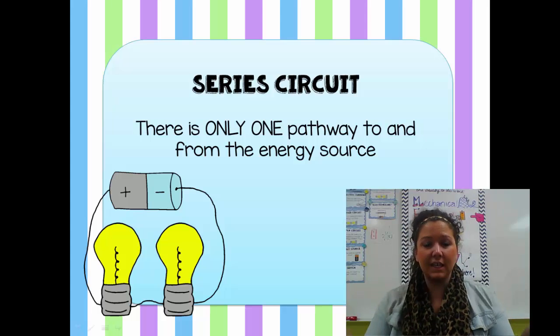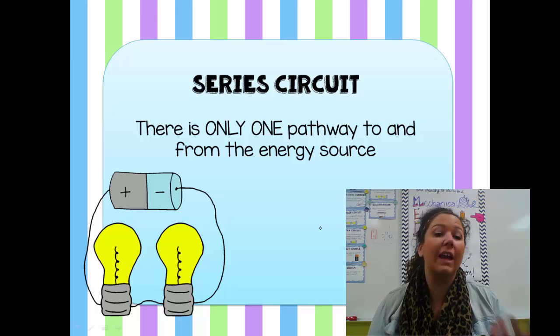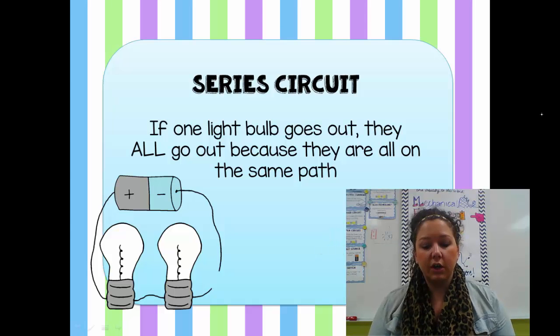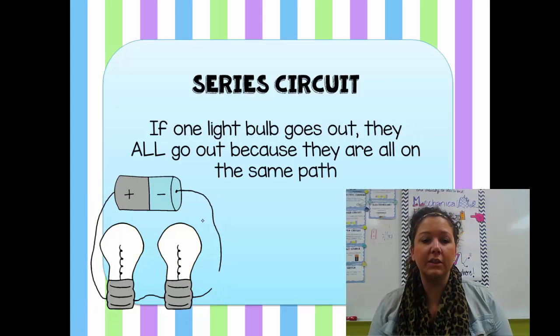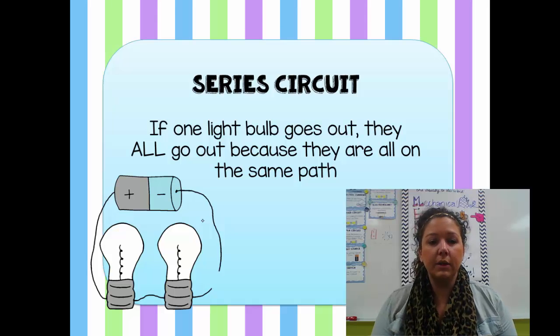Everything's connected on one pathway to and from the battery source or the energy source, whatever the energy source may be. Also, in a series circuit, the second important thing to remember is that if one light bulb goes out, they're all going to go out because they're on the same path to and from the energy source. So here you can see we are starting at the positive end, and we travel to light bulb 1.